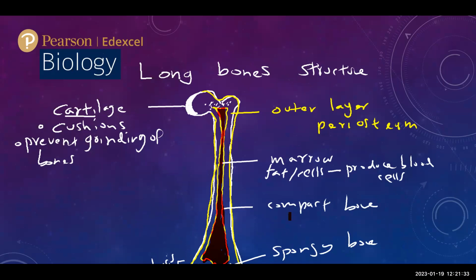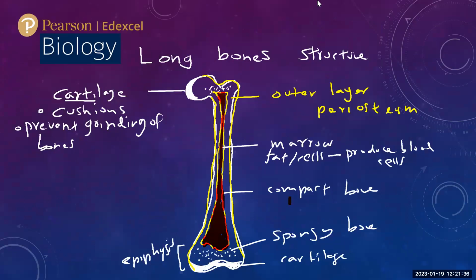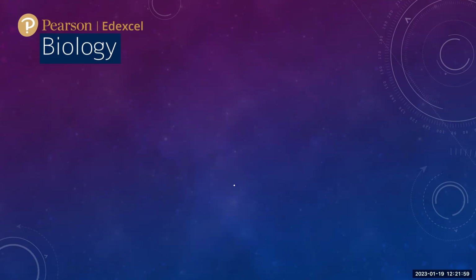Then we are going a little bit further to understand how the inside of a compact bone looks. If you look under a microscope, if you try to visualize the organization of this place, it is like this.